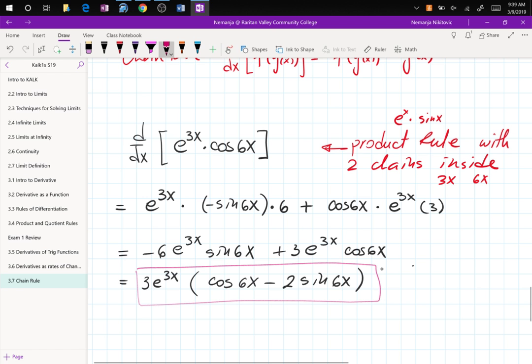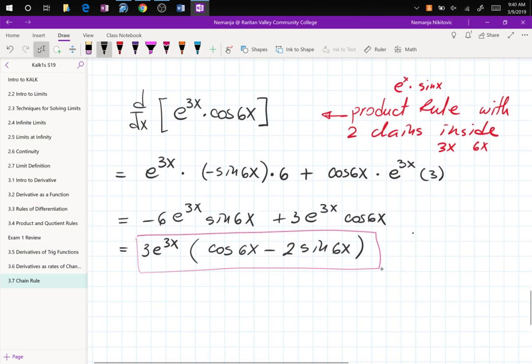Yes? The negative belongs to sine and still belongs to sine, right? I'm not factoring the negative. I'm just rearranging them. If you have negative 3 plus 5, what's the answer? 2.